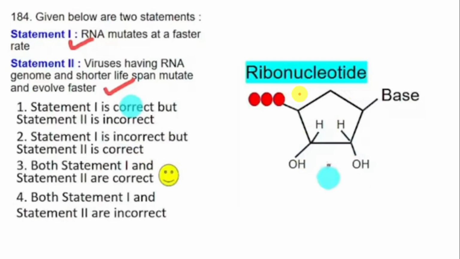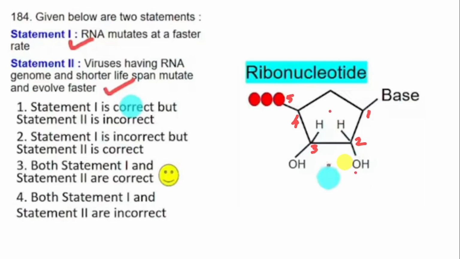Regarding the reactivity of RNA, this was the hydroxyl group I was talking about. We count the carbon from this position. So this is marked as carbon number 1, this is carbon number 2, this is 3, this is 4, and then this is the 5th carbon. At the second position, we have this hydroxyl group.